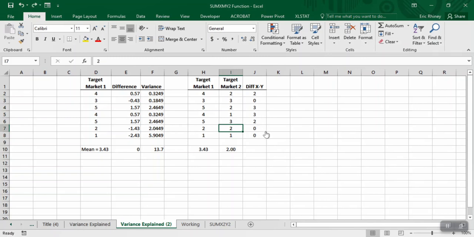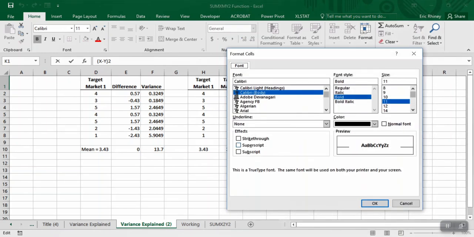All right. So now we are going to take this x minus y, and we're going to square this x minus y. And let's just make that so that you know this is squaring what we're doing here.